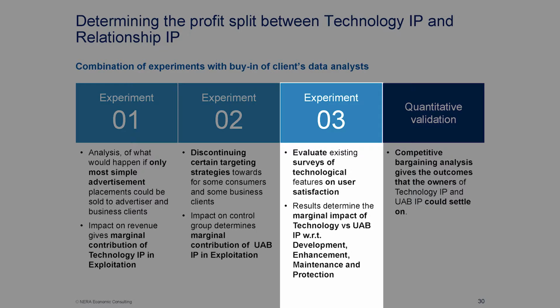A third experiment is a kind of survey, which is also done constantly from a business point of view. Why are people going on a certain platform? What's driving their interest? What are they paying for? Again, you can derive willingness to buy, willingness to pay on an isolated basis. And these marginal contributions in principle give you the profit split between the two categories of intangible assets.